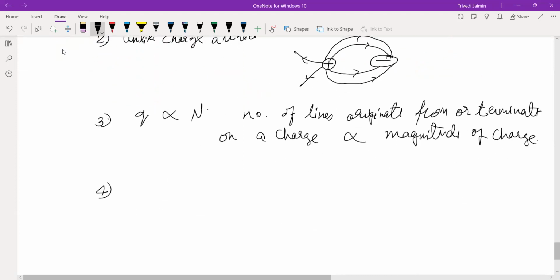And fourth one, lines of force never intersect.